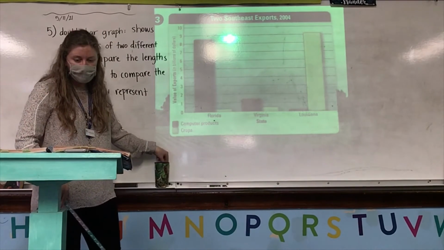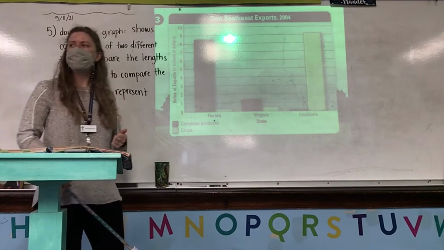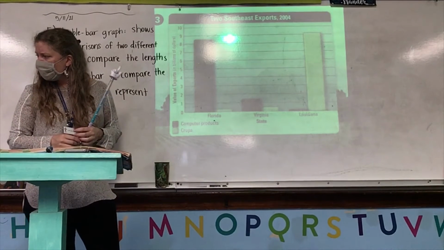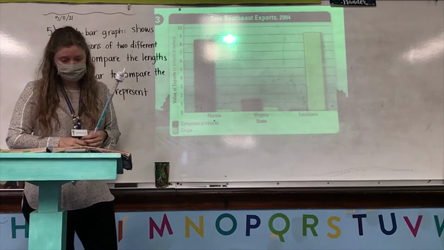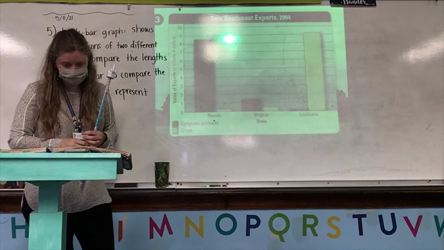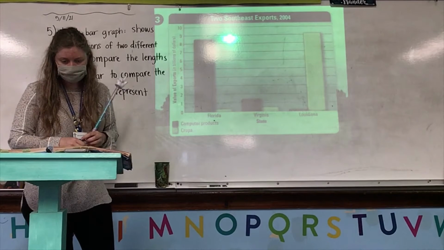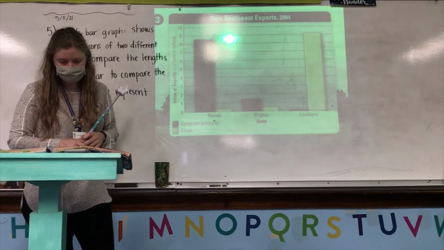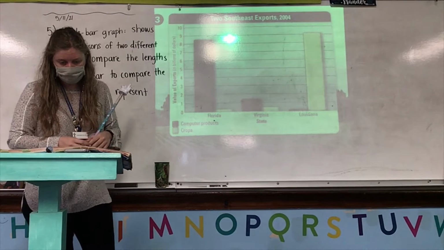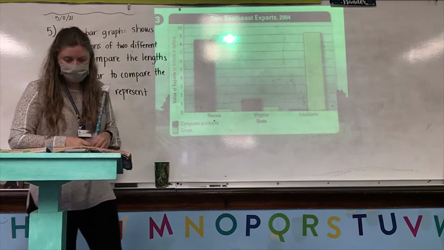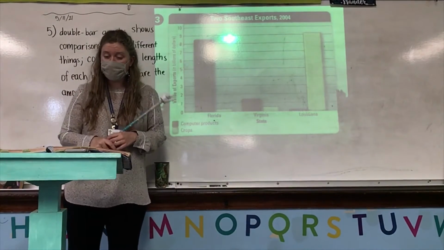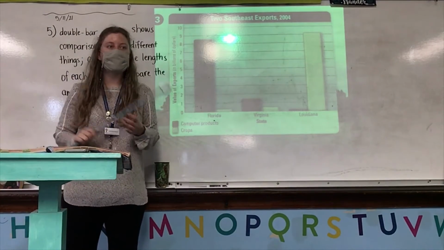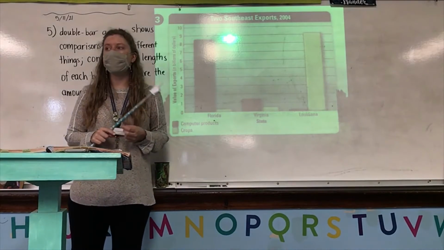Thank you, Cullen. Tell us step 3. Mason: Choose one state and compare bars. In this graph, you can see whether a certain state exports more computer products or more crops. So now we choose a state to figure out, does that state export more computer products or more crops?